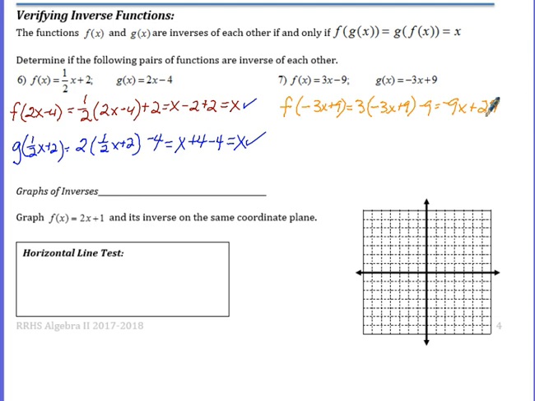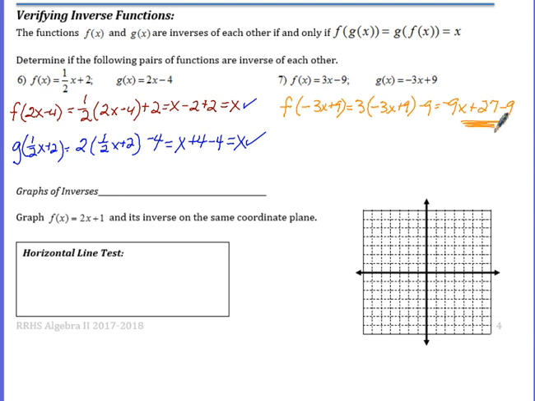Well, I've got a negative 9x and a 27. Hold on a minute here. F of g of x, if I put you in here, negative 3x plus 9 minus 9, I've got negative 9x plus 27 minus 9. That doesn't look like x to me.